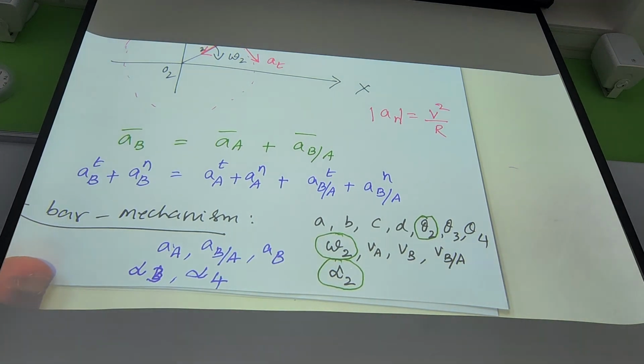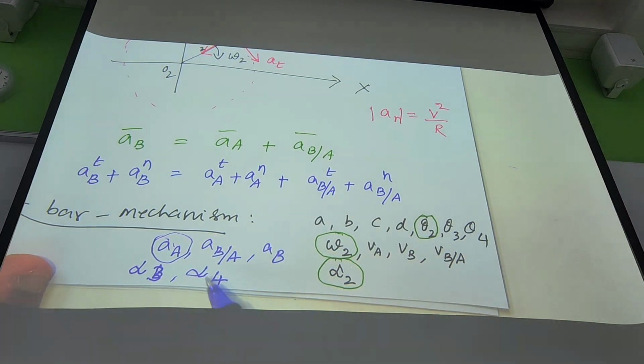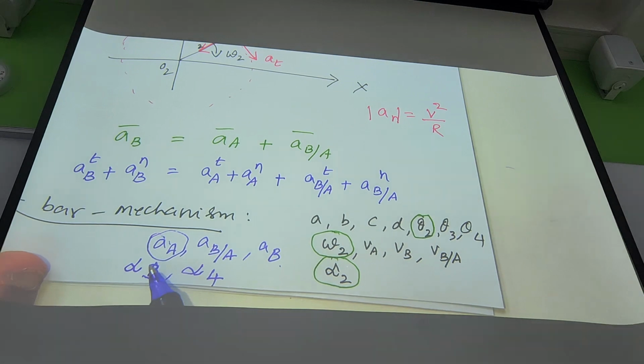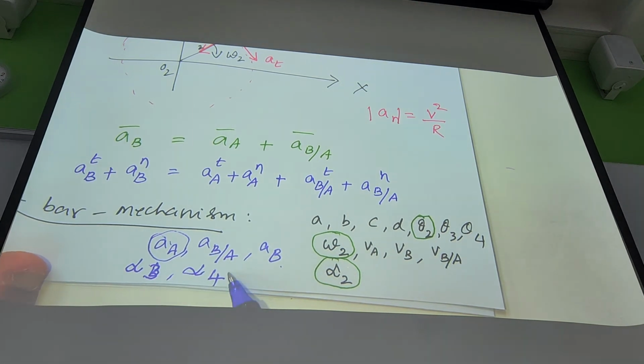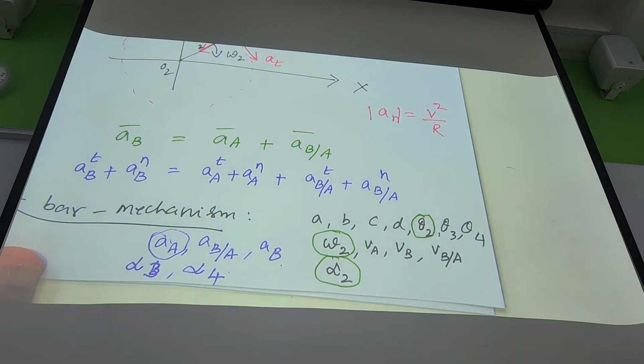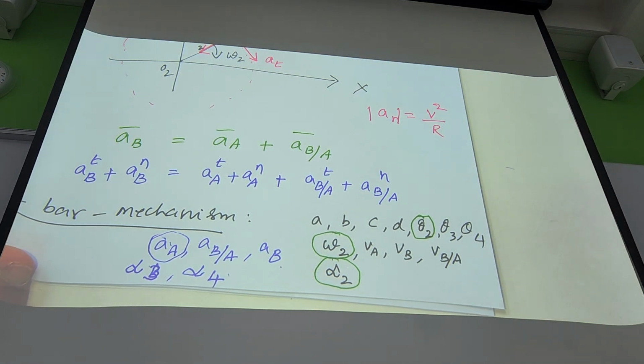So these are the four. Acceleration of A is very easy to calculate. So B to A, acceleration of B, angular acceleration of link 3, and angular acceleration of link 4 are the things we need to calculate when dealing with a 4-bar linkage mechanism.